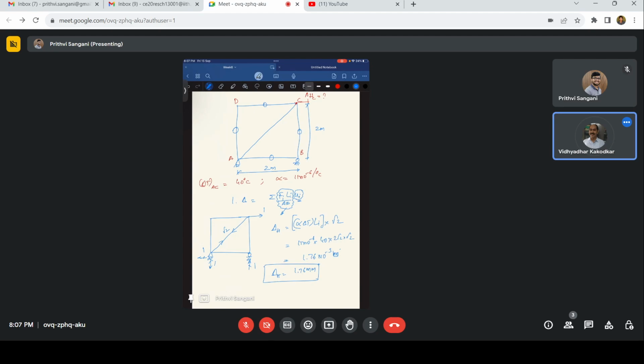So this is also another kind of question that we usually see for trusses. One is the members getting heated up or getting cooled down. In India, I don't think there are too much temperature differences. Even 40 degrees is too much, I think.